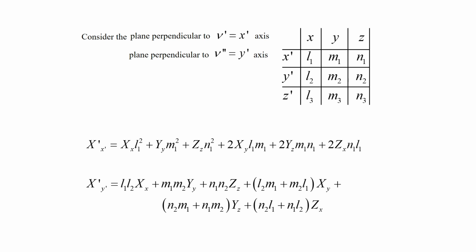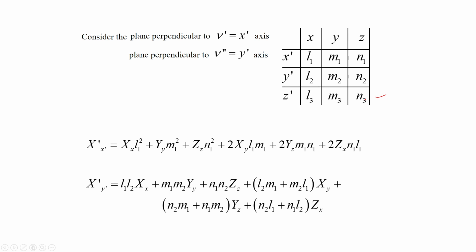For example, here x, y, z are the coordinates that we already have, and let us say x dash, y dash and z dash are again three orthogonal directions, which have the direction cosines L1, M1, N1 with respect to x, y, z; L2, M2, N2 for y dash with respect to x, y, z; and L3, M3 and N3 for z dash. These are the direction cosines of the z dash axis with respect to x, y and z.